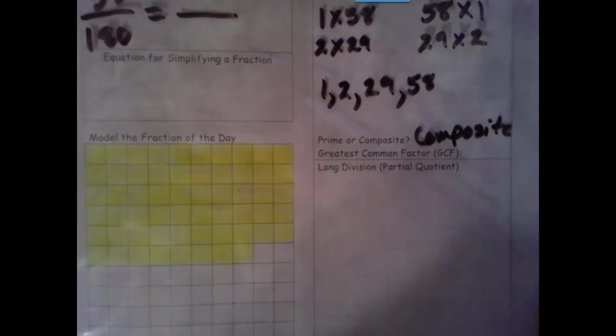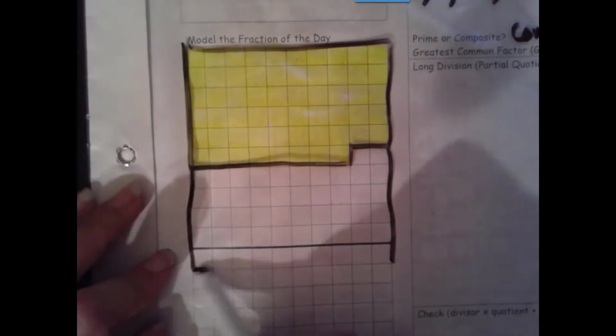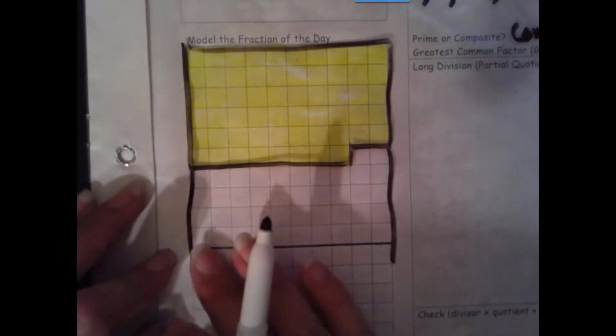Now we need to find our greatest common factor. So let's start with 58, since that's our greatest one. See if that works. Remember, your groups do not have to look like mine, but you do need to keep the shaded separated from the unshaded, and you do have to have 58 in each.